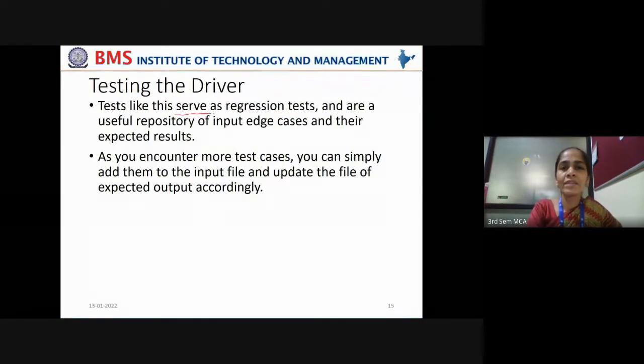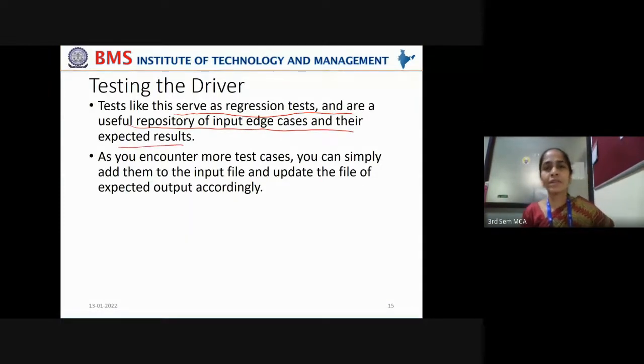Now, tests like this serve as regression tests and are a useful repository of input edge cases and their expected results. So when you are testing on a mini cluster, you will know what kind of scenarios have not been covered by the test, so that you can include those scenarios also. Once again, test your code iteratively after including those exceptional cases and see that no exceptions arise.